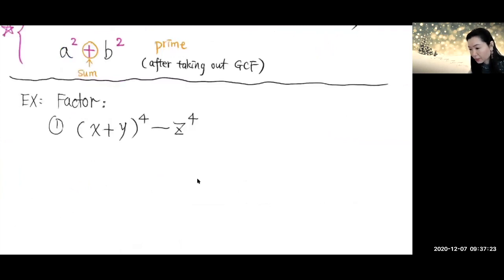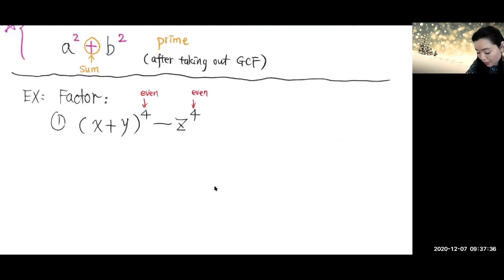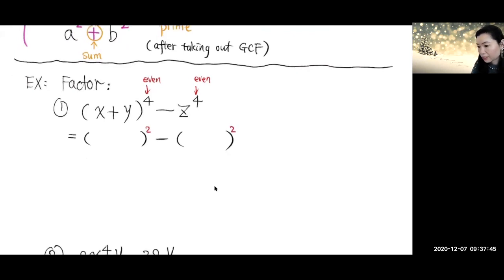Okay. Now let's practice on this. So this to the 4th power, subtract this to the 4th power. And notice that it is an even exponent right here, right? So I'm thinking I can write this as a difference of 2 squares. So the first one is the square of what? x plus y squared, right?